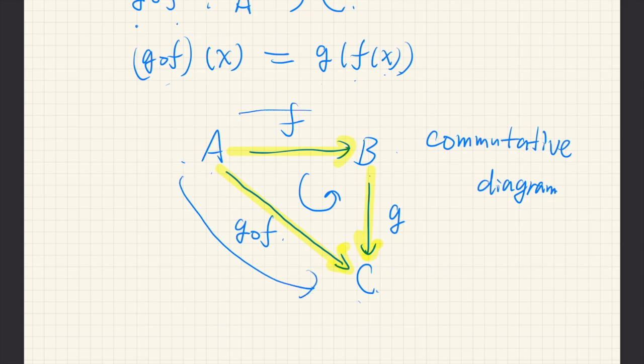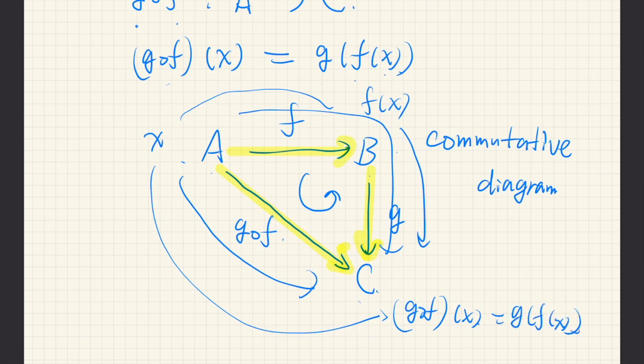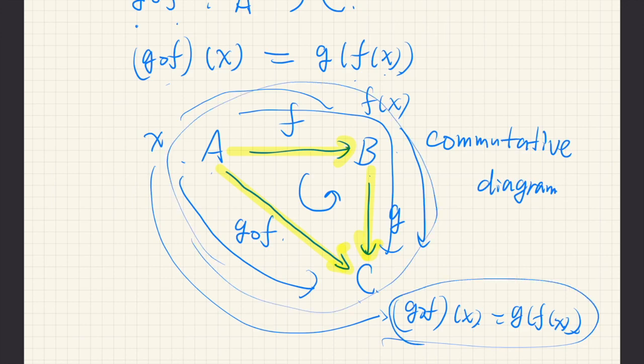But either way, we get the same result for each element X in A. So for each element X, what we have here is G after F of X. That is equal to, so first, if we apply this, we get F of X. Then to that, we apply G and we get G of F of X. So this is the definition of composition, and that's what this diagram represents.